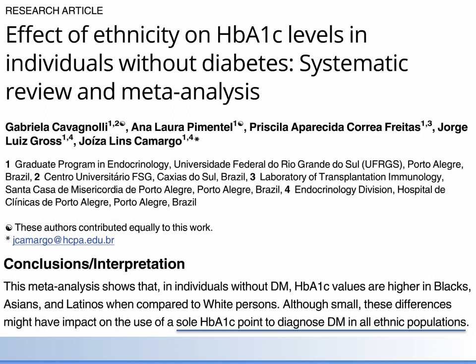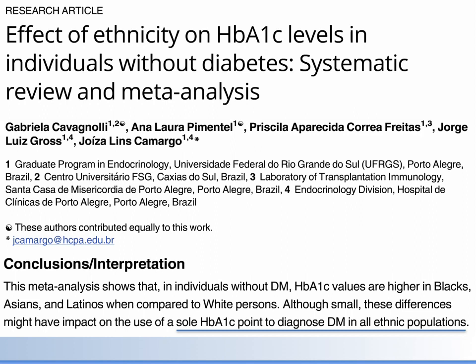It's also important to acknowledge that there's differences across ethnicities in hemoglobin A1c, which might be linked to differences in hemoglobin. So think about it for a second. If different ethnic groups have different levels of hemoglobin, they're likely to have different levels of hemoglobin A1c.